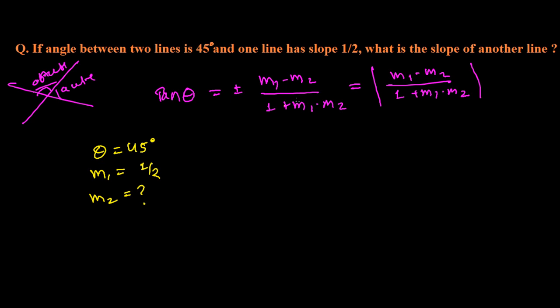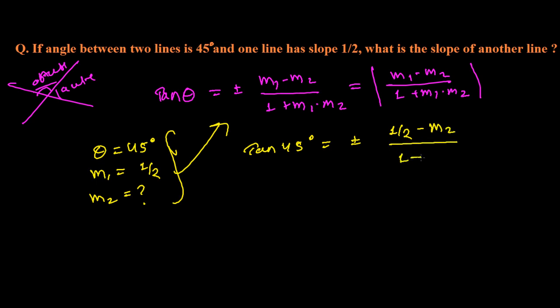If we put this given information into the formula, we get tan 45 degrees equal to plus minus (m1, which is 1 by 2, minus m2) divided by (1 plus m1, again 1 by 2, times m2).